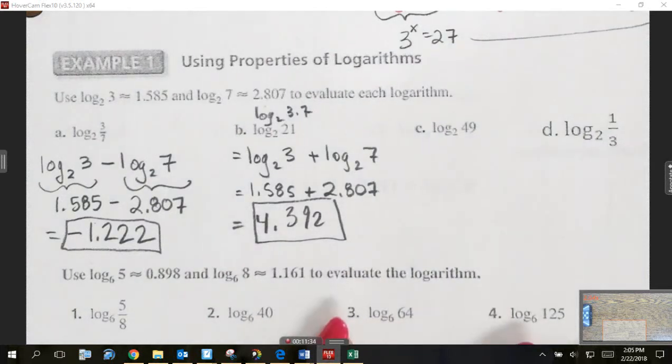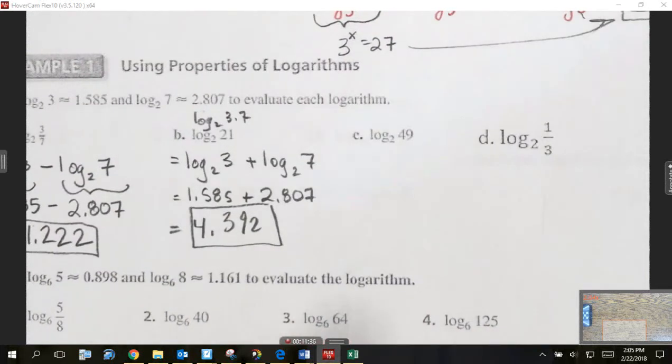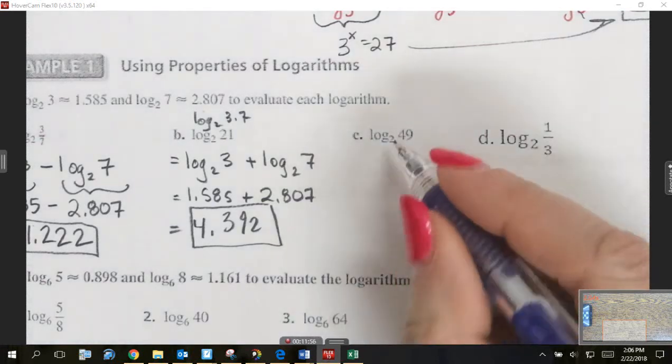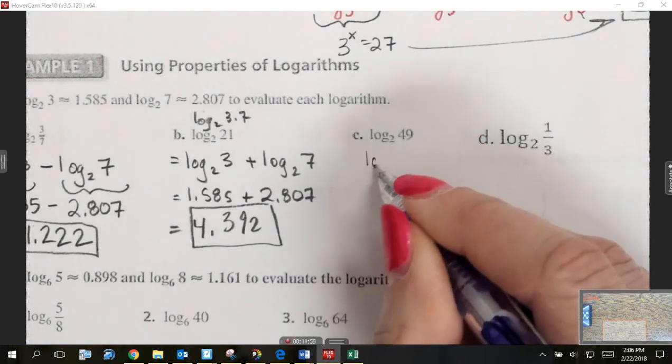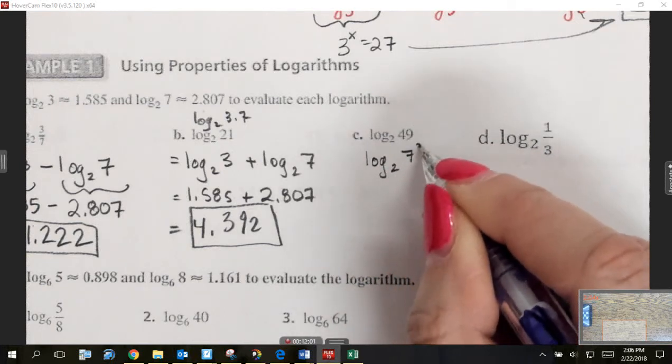C says log base 2 of 49. You have to be able to get 49 from the information given. How do I get 49 from the information given? I'm given log base 2 of 3 and log base 2 of 7. 7 squared? Or 7 times 7 is also okay, but I'm going to think about this being log base 2 of 7 squared.